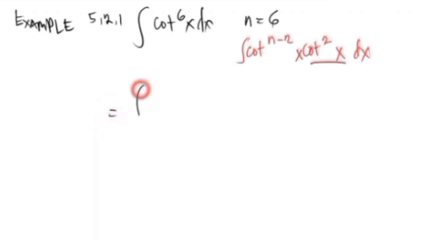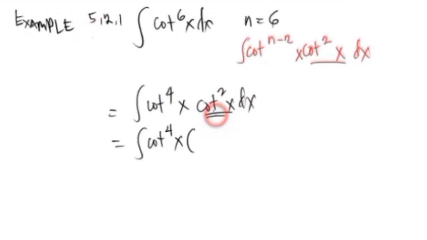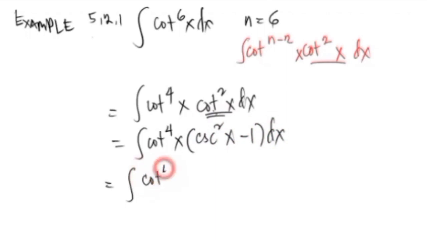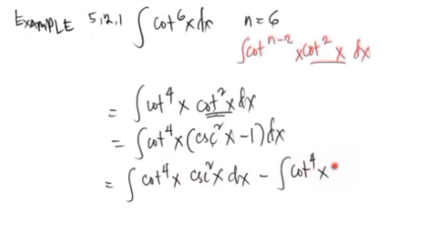We would have the integral of cotangent to the 4th of x cotangent squared x dx. And we express this cotangent squared x in terms of cosecant, and we would have cosecant squared x minus 1 dx. So we distribute, and we would have the integral of cotangent to the 4th of x multiplied by cosecant squared x dx minus the integral of cotangent to the 4th of x dx.